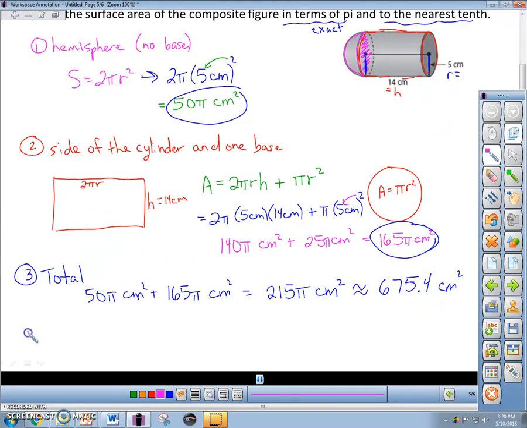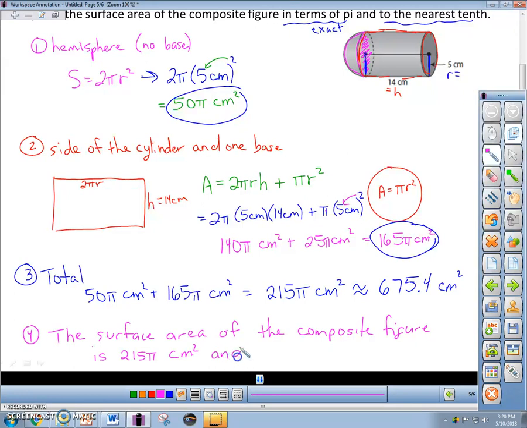So the surface area of the composite figure is 215 pi centimeters squared, or about 675.4 centimeters squared.